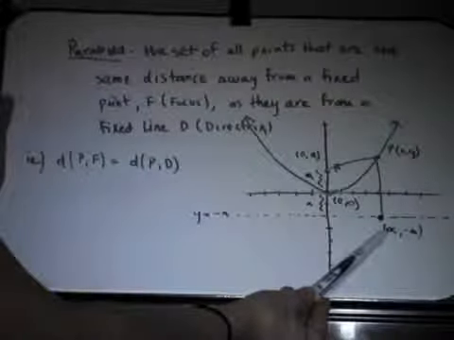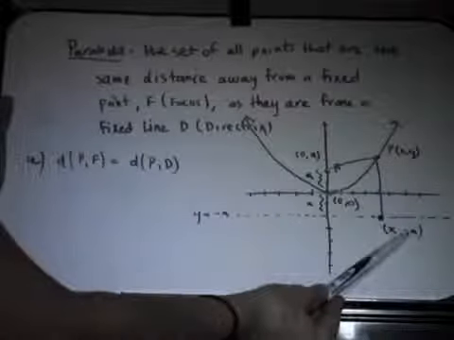So we have (x minus x) squared plus (y minus negative a) squared. And we want to set these two things equal to each other.